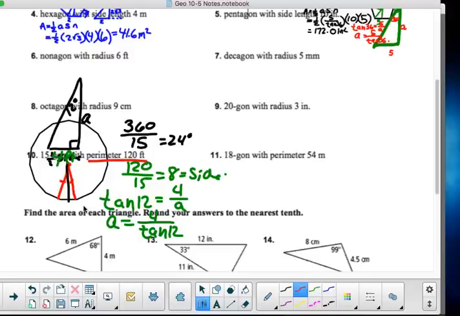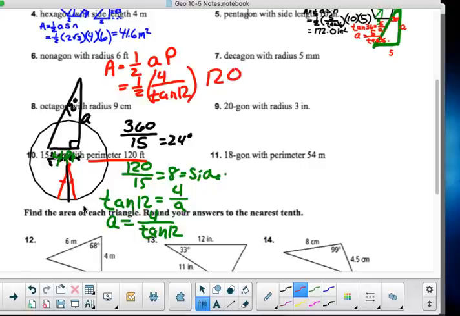So now I'm going to use area is equal to 1/2 AP. And I got 1/2 my apothem, 4 divided by tangent of 12, times 120. 0.5. Let me get this up here on my calculator.